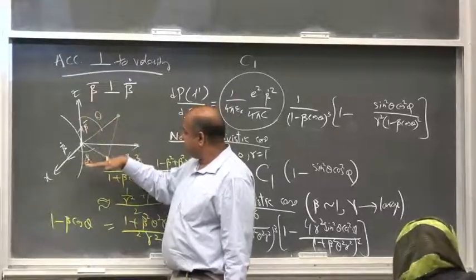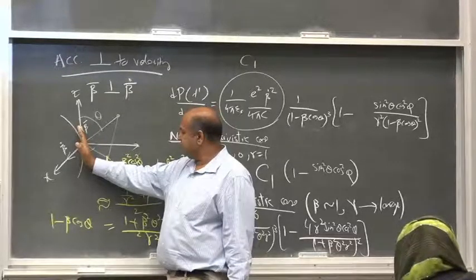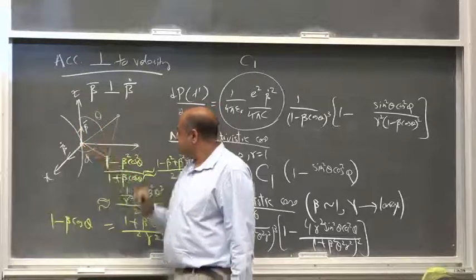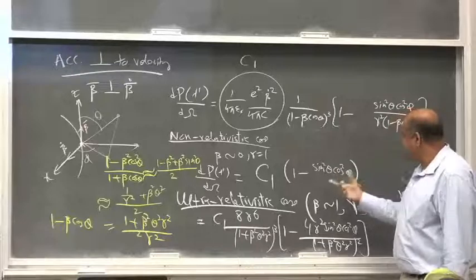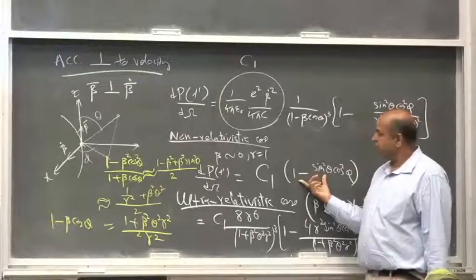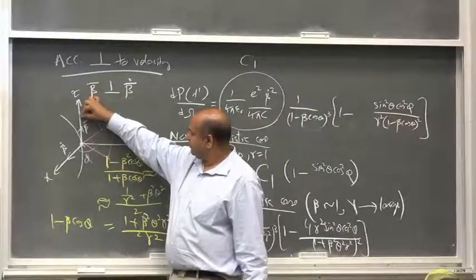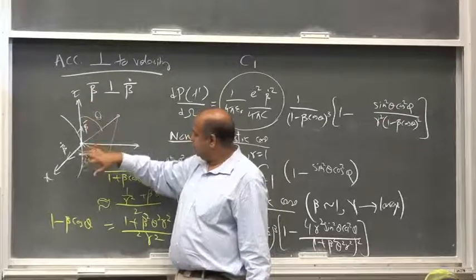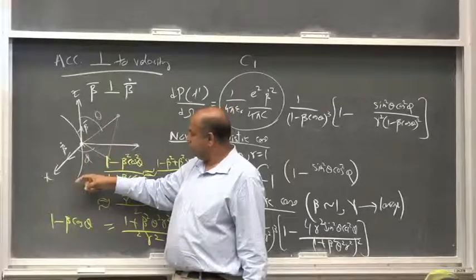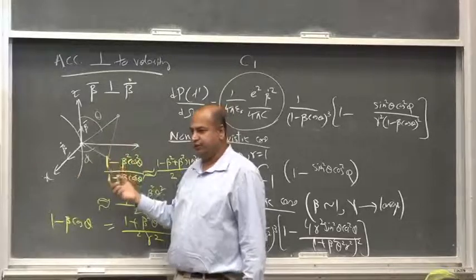तो लेट्स से अगर आप xz प्लेन में पैटर्न देखना चाहते हैं कि रेडिएशन कैसे स्प्रेड है वर्सेस थीटा, तो xz प्लेन में phi 0 होता है. So when phi is 0, this is 1, so we have 1 minus sine square theta, which is cosine square theta. So this is cosine theta in xz plane. इसका मतलब है यहाँ पे 1 है, फिर जब theta 90 होगा 0 होगा, and then when it goes there it's 1 again, right?